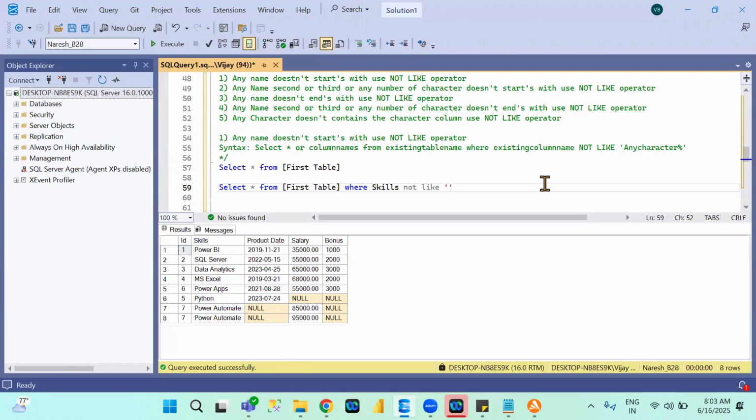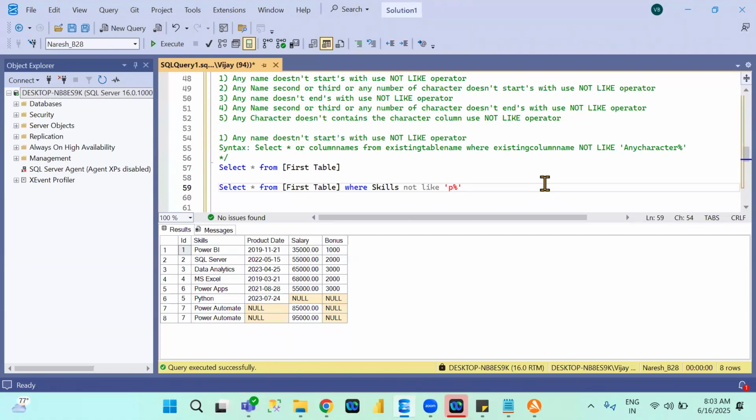P. What is that one? What is the meaning of this one? Does not start with P. What names are there?